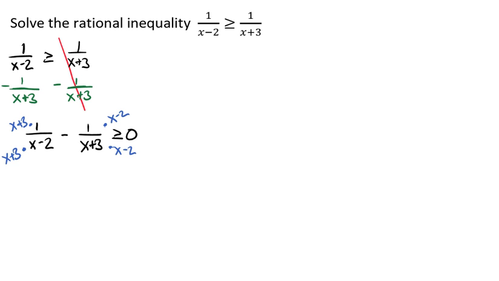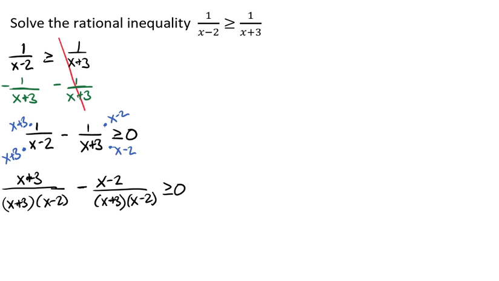Doing so, well, you should multiply your other side as well, but in this case, because it's a 0, 0 times anything is 0, so it's just going to turn back into a 0 anyways. So kind of forego that step. So we get x plus 3 divided by x plus 3 times x minus 2 minus x minus 2 divided by x plus 3 times x minus 2.